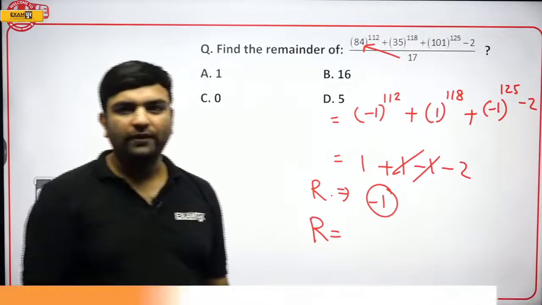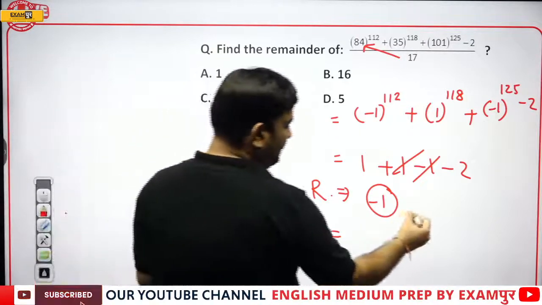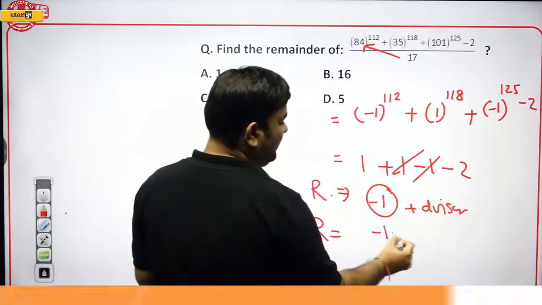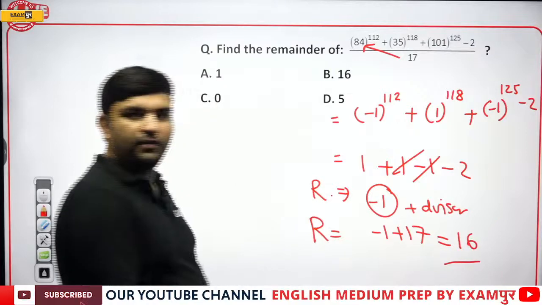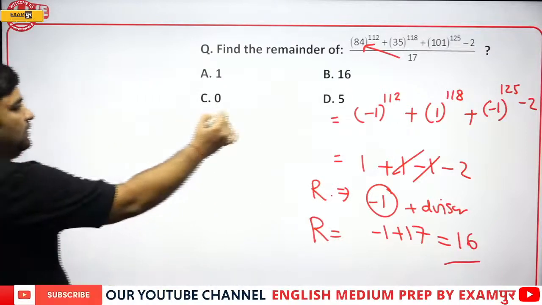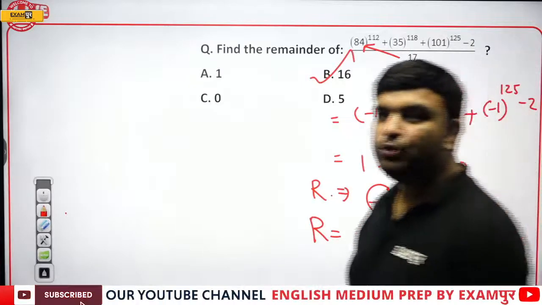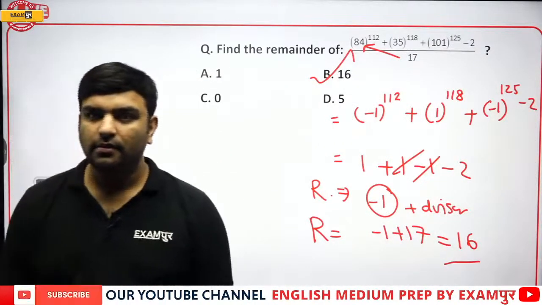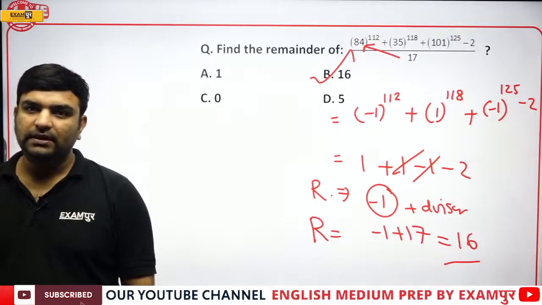By adding the divisor. Your divisor is 17. So add the divisor. It will become a final positive remainder of 16. Is it cool and clear?